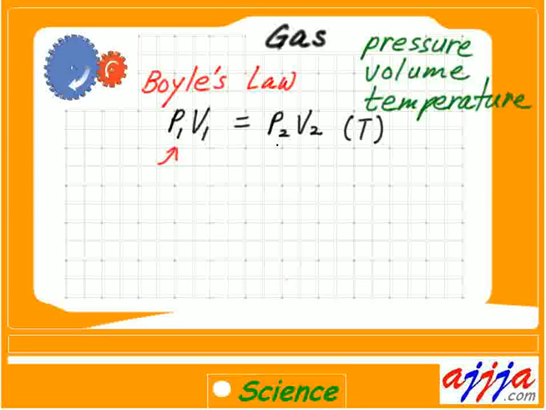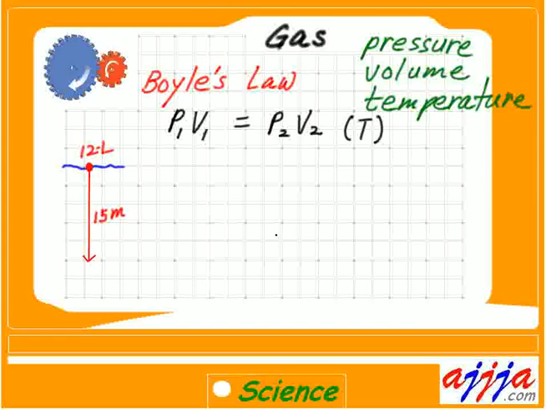When you multiply two numbers, if you increase pressure, you squeeze the gas, so volume is going to be less. What about pressure down? Less pressure, so volume is going to be up. That's why we call it inversely proportional: one goes up, one goes down.